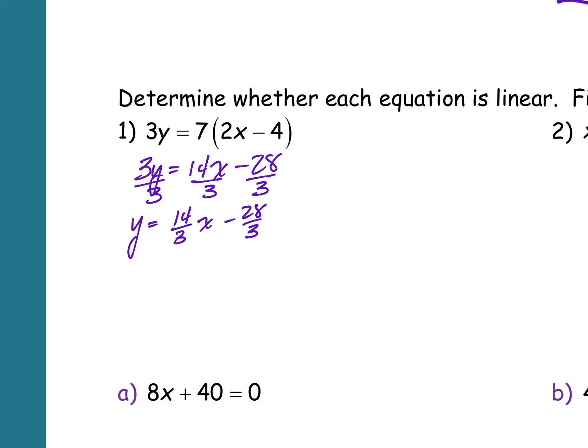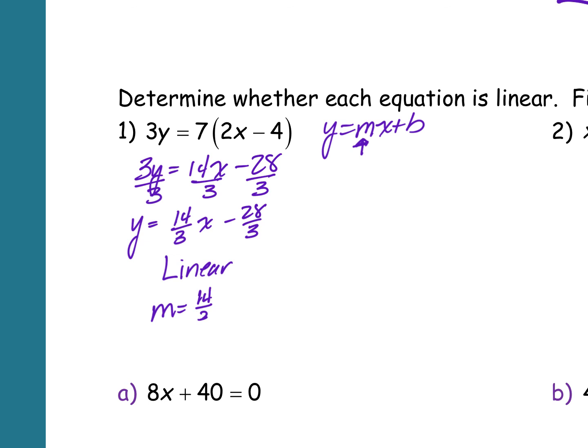Is this linear or not linear? Linear, because it's in the form y equals mx plus b, right? What's my slope? 14 over 3. Because it's the number with the x, the m. Okay.